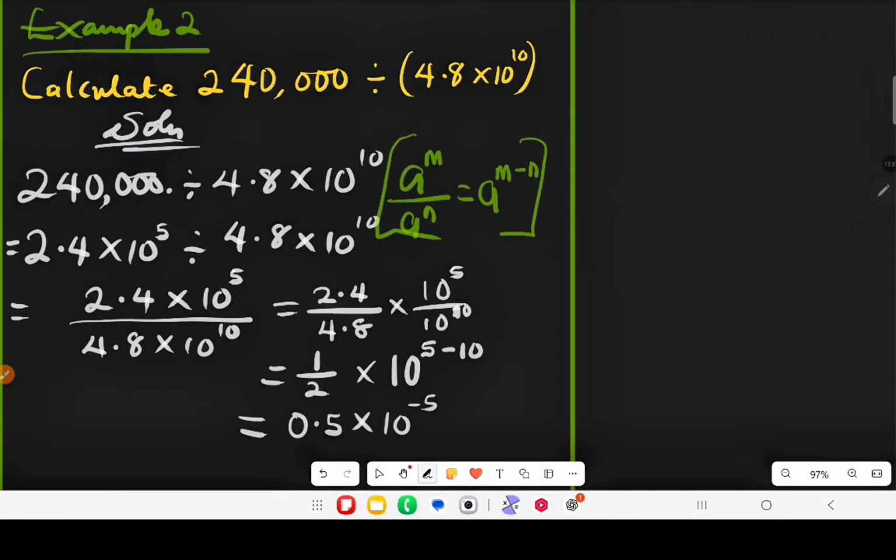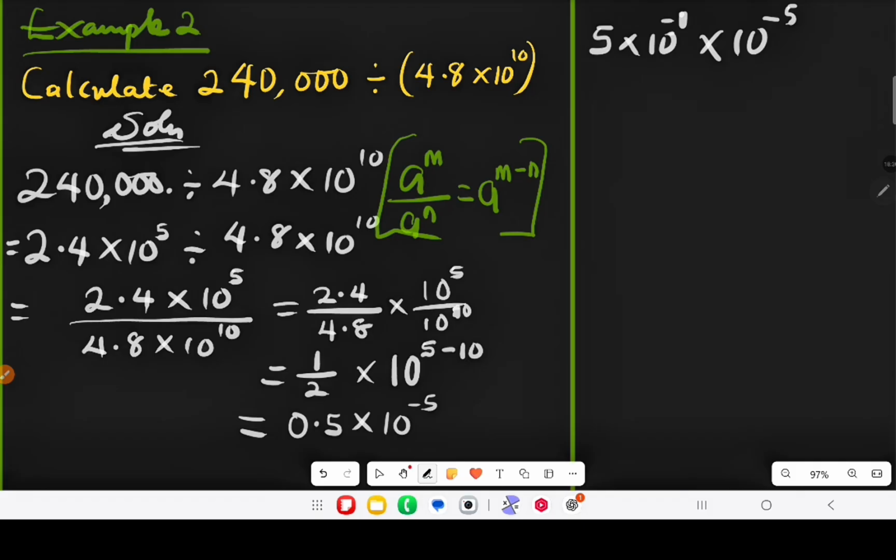Then expressing 0.5 in standard form, 0.5 will change to 5 times 10 raised to the power of minus 1, because we are moving the decimal point from left to right once. Then times 10 raised to the power of minus 5.